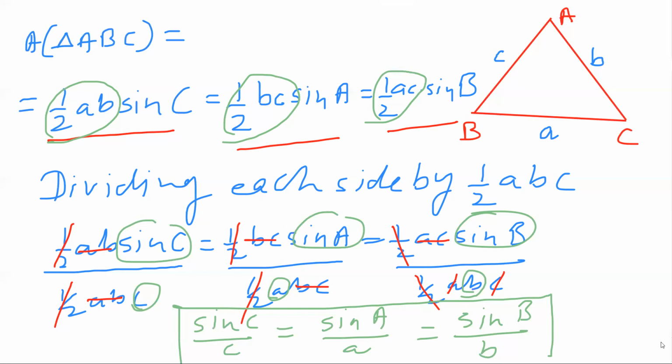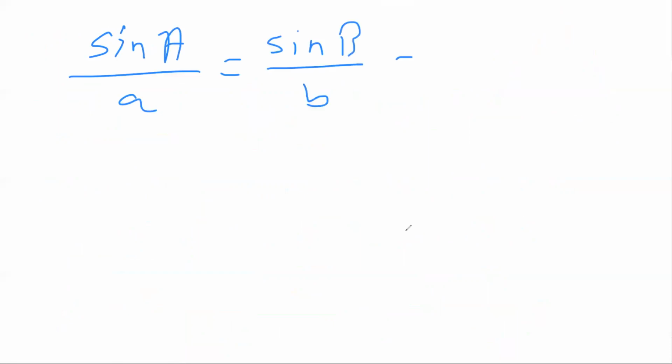So let's put them in the order, and we have sine A over a equals sine B over b equals sine C over c.